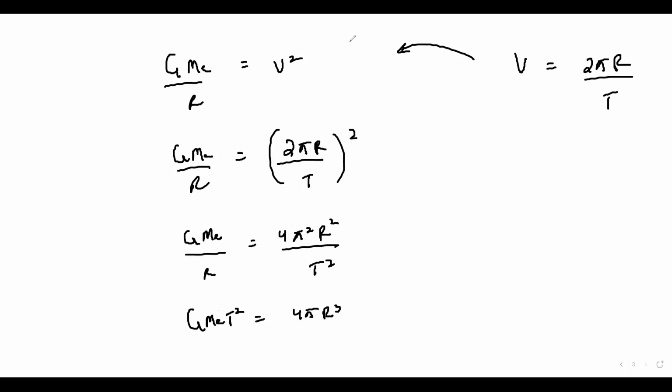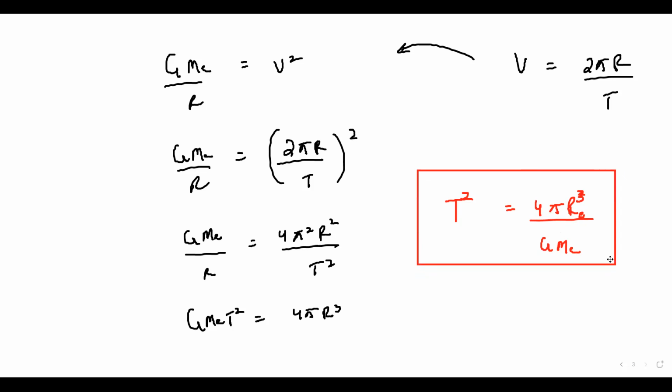Or when we write the last formula to get the time period, T squared is equal to 4 pi squared times the radius of Earth squared, sorry, radius of Earth cubed, divided by G Me. So this is a formula which we can use to find the time period of a satellite.